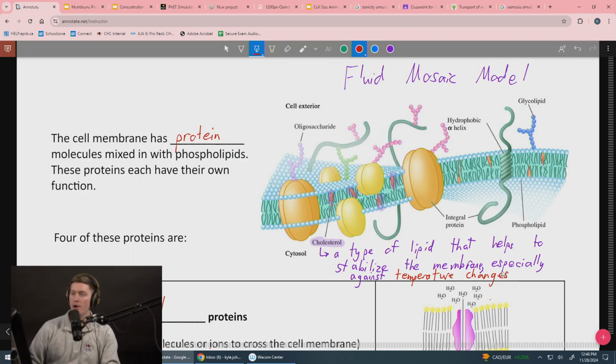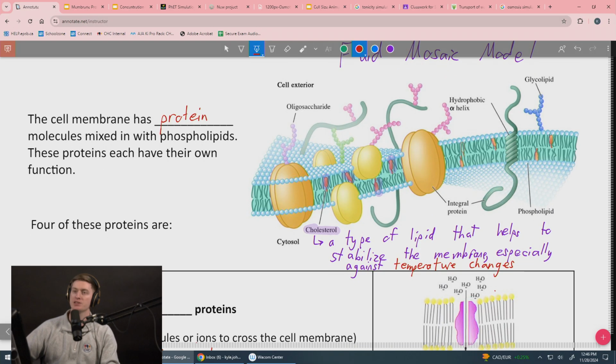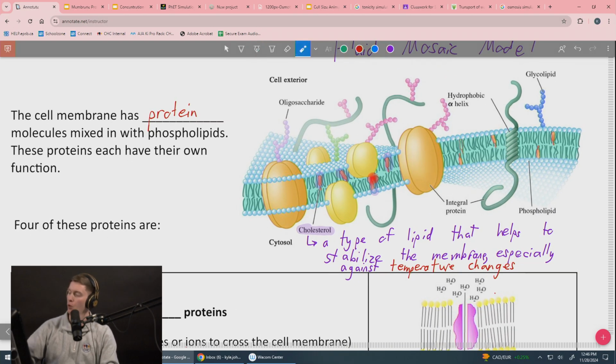So as you warm up molecules, they move faster. And if you want to hold this membrane together, the cholesterol will help to stabilize the membrane as the temperature increases or decreases so it doesn't fall apart.